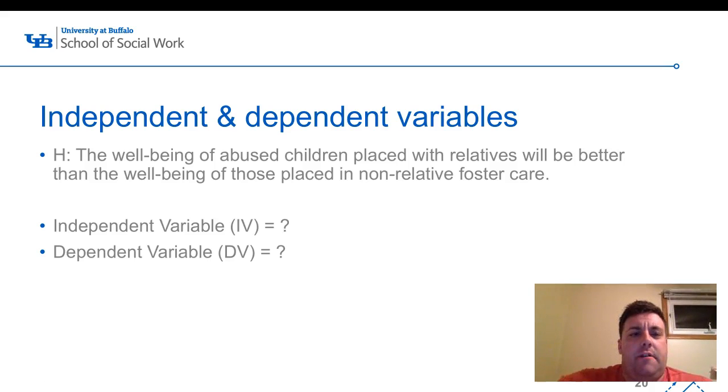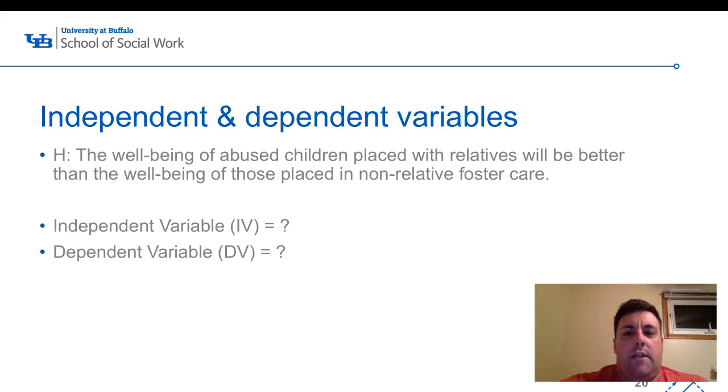So here's a chance for you to test this out yourself. I've listed a hypothesis. Let me read it to you. The well-being of abused children placed with relatives will be better than the well-being of those placed in non-relative foster care. What's the independent variable? What's the dependent variable? The dependent variable is well-being.